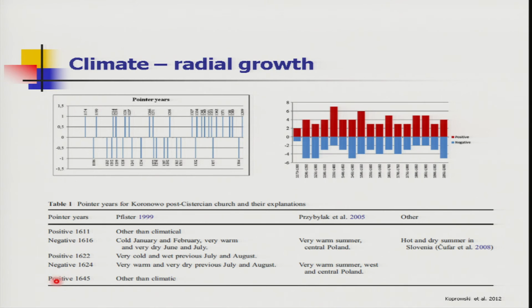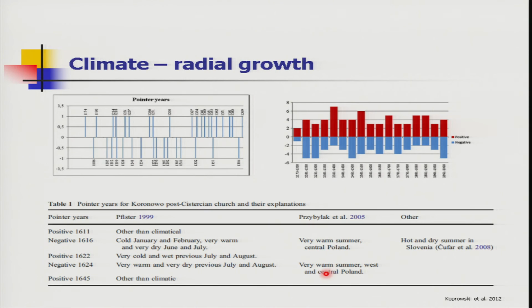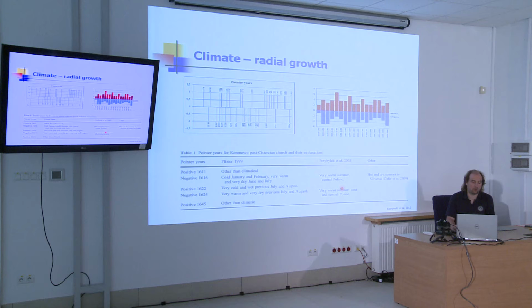So, for example, let's see negative year in 1624 was probably caused by very warm and very dry previous July and August. And other sources reveal that the summer in West and Central Poland was very warm at that time.